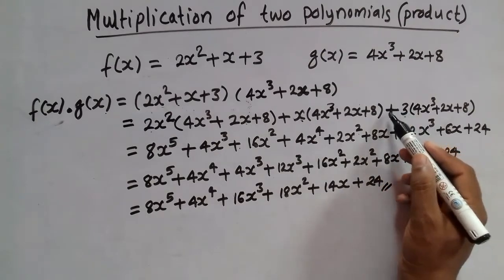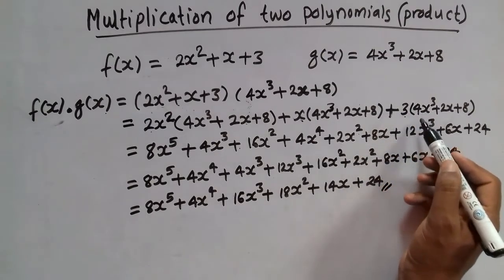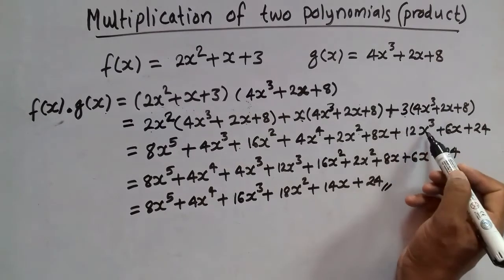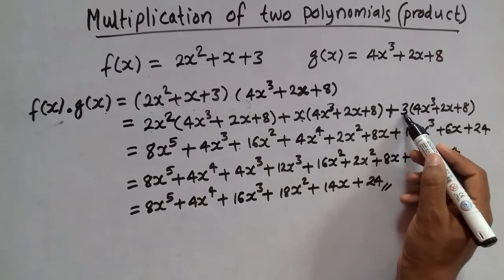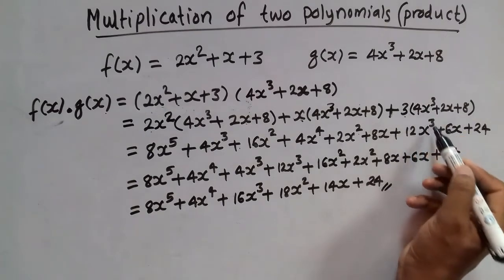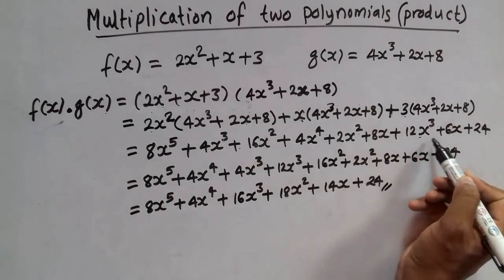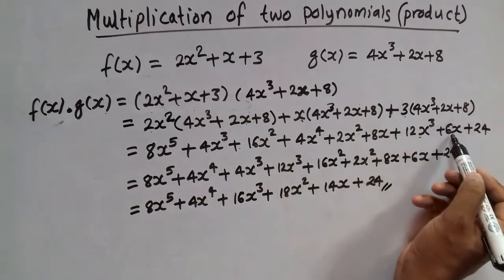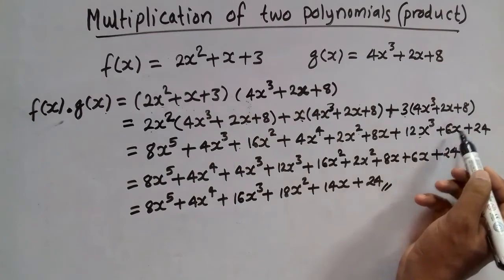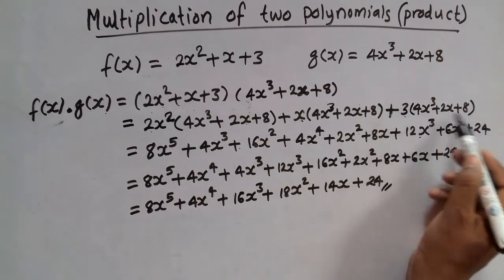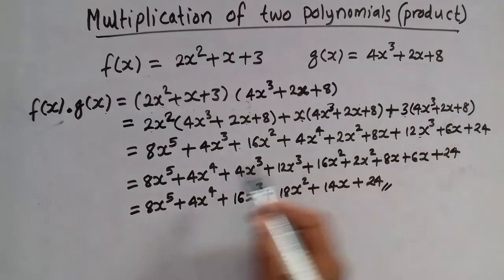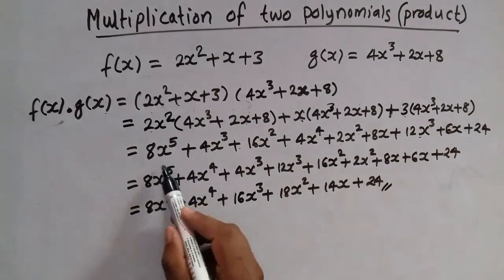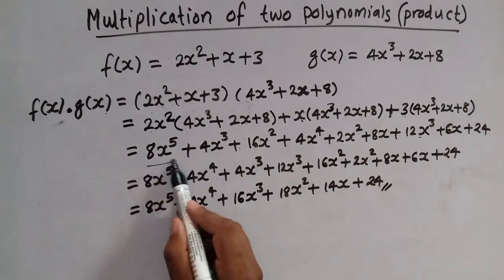Then plus into plus is plus, 3 into 4 is 12, here x cube, because there is no variable, so this x cube can be written directly here. Then plus into plus is plus, and 3 into 2 is 6, and x, plus into plus is plus, 3 into 8 is 24.